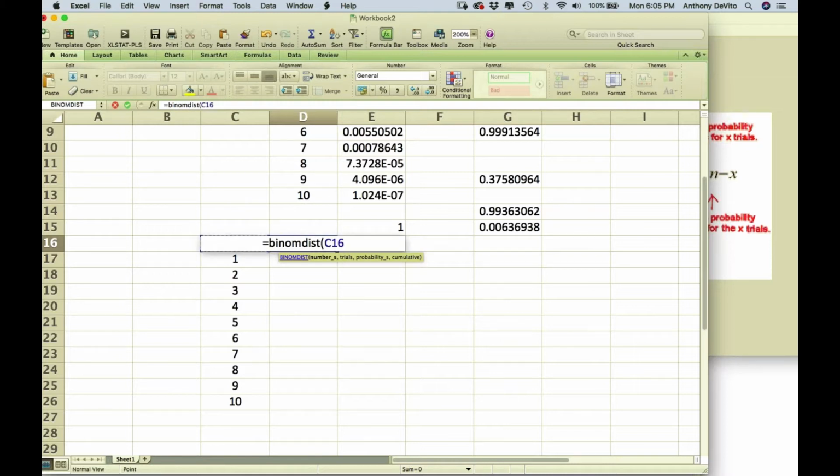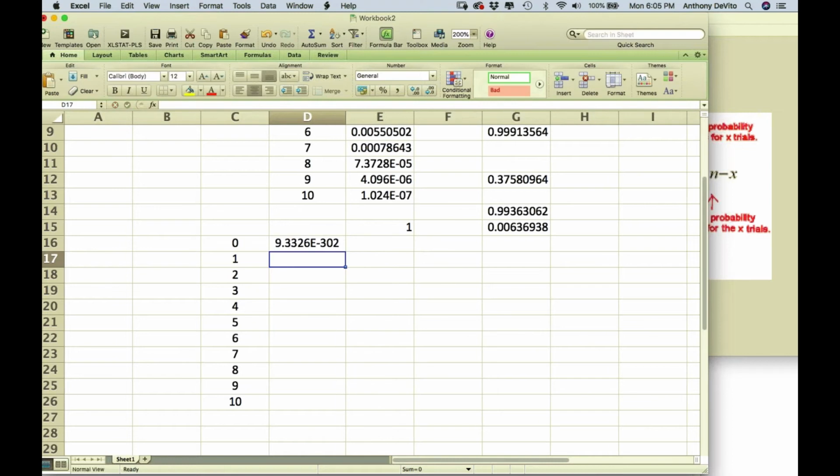I'm going to take 0, comma, the number of trials is 1,000, comma, the probability is 0.5, like a coin toss, comma, and I'm going to say false. I want each individual probability. I'm going to hit enter.